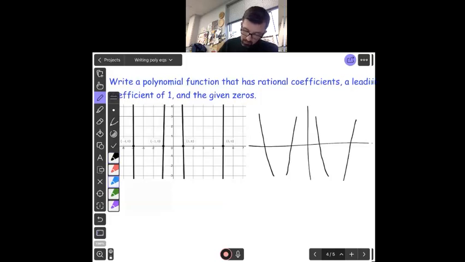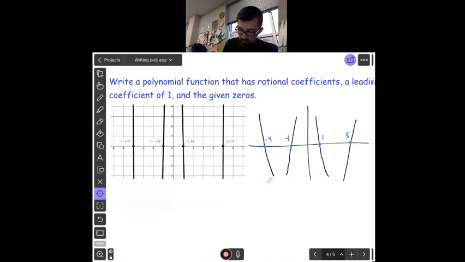All you're really after here is that this is at -4. This one's at -1. This one's at +1. This one's at 5. What we can't see is where the graph turns here, where the graph turns here, where the graph turns here, and then these sides go off up forever. So that's what's happening.